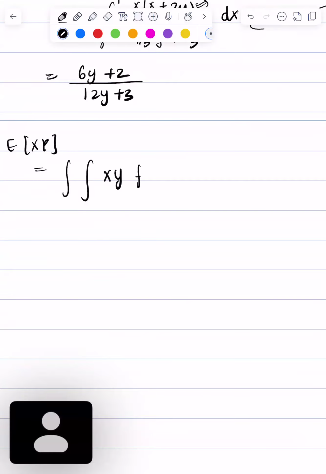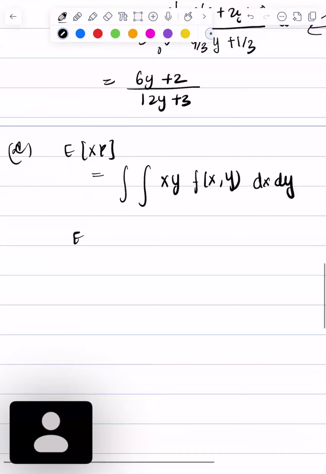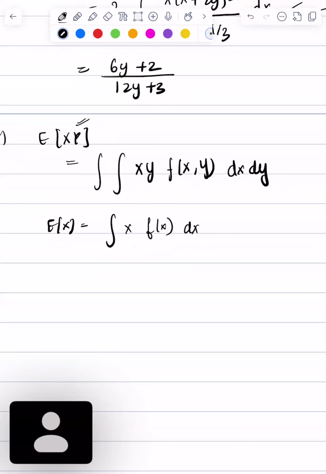It's just doing everything twice. So how normal expectation is one integration, x of f of x dx. For double integration, you just do everything twice.